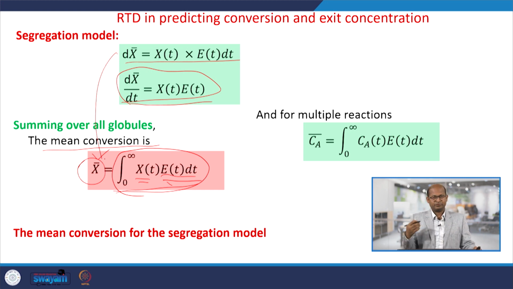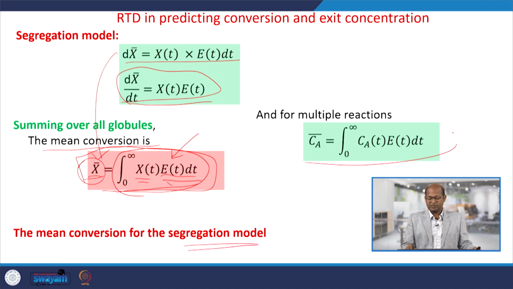Therefore, for the overall system conversion, or the mean conversion, you have to evaluate this equation, and depending upon the reactor, either plug flow reactor or CSTR, we put in the residence time distribution function and find the average conversion using this model. Similarly, the average concentration can also be found using these equations.